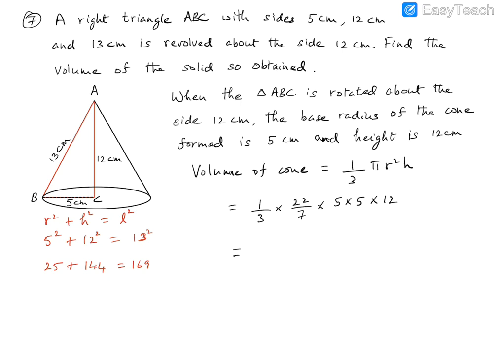So we can do the simplification. The 3 here will go into 12 4 times. 5 into 5 is 25. 25 into 4 is 100. So we are going to get 22 into 100 divided by 7, which is 2200 divided by 7.